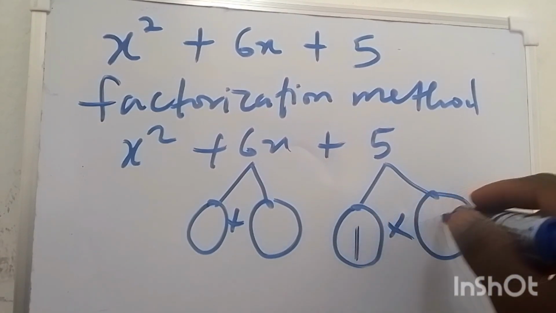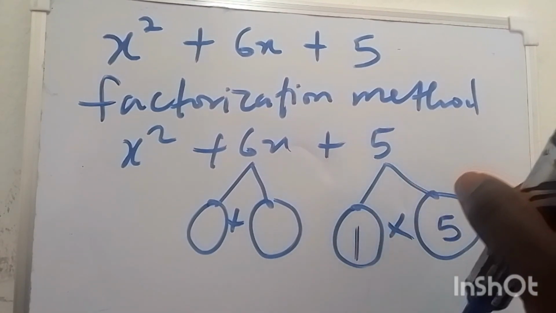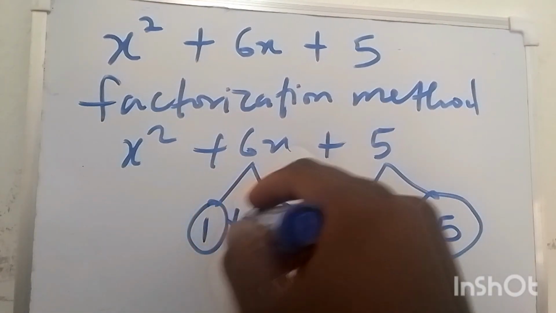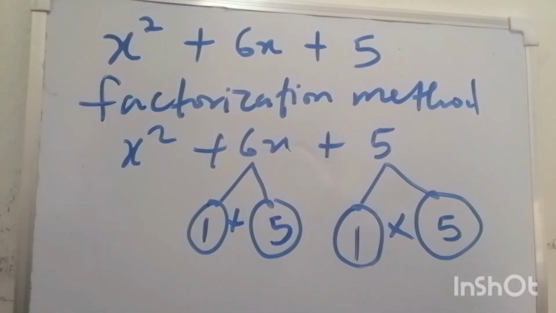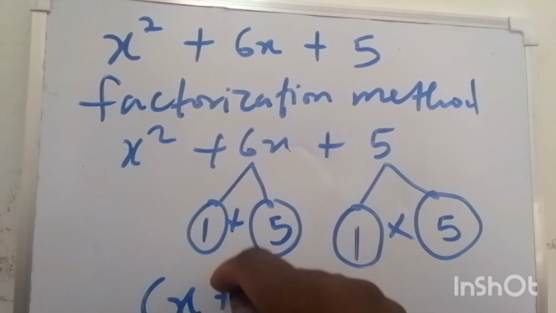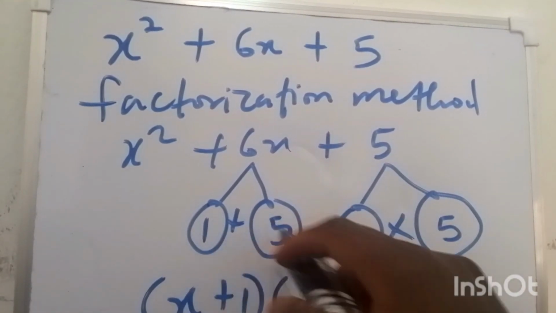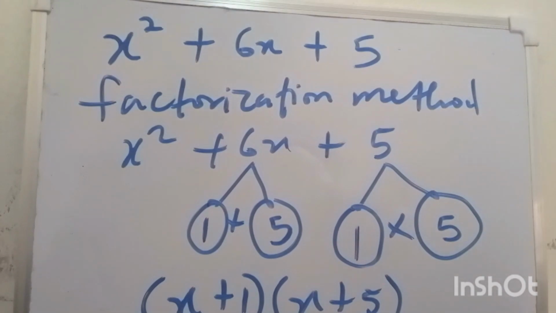So 1 multiplied by 5 equals 5, that is positive 1, positive 5. And if I add these two numbers together, it gives me 6. So you use these two numbers and you can say x plus 1 and also x plus 5, using this positive here. Okay, so we are going to do another example to clarify.